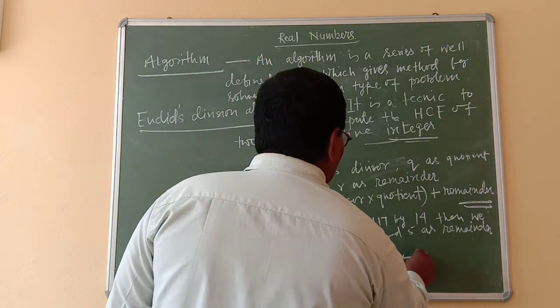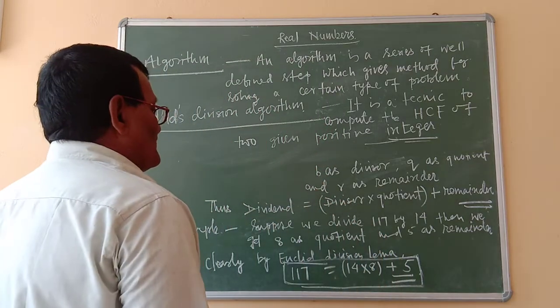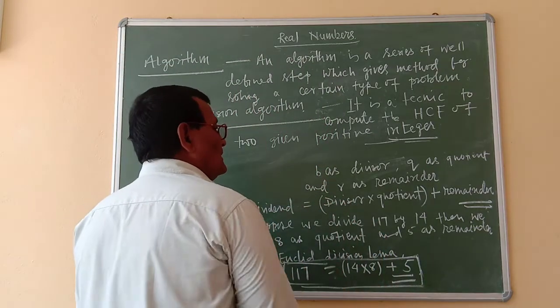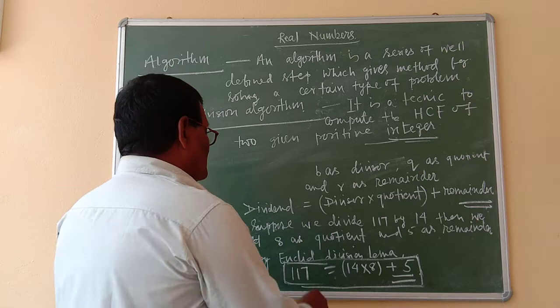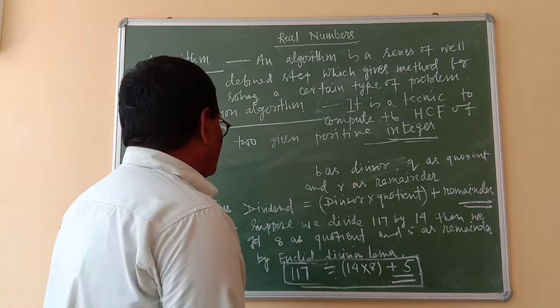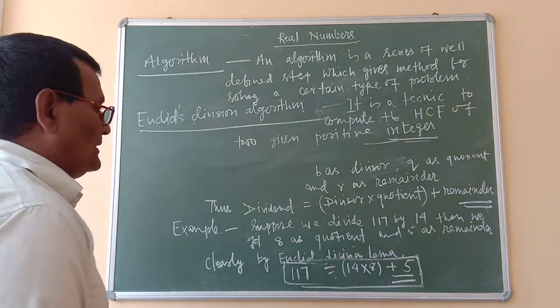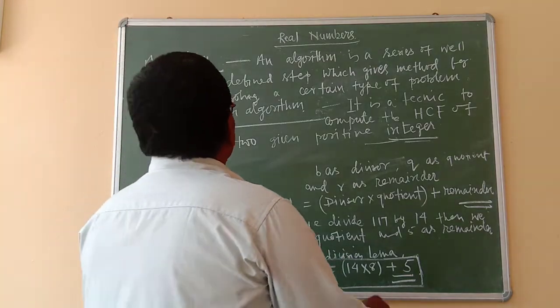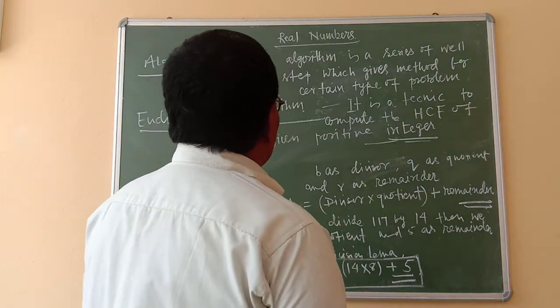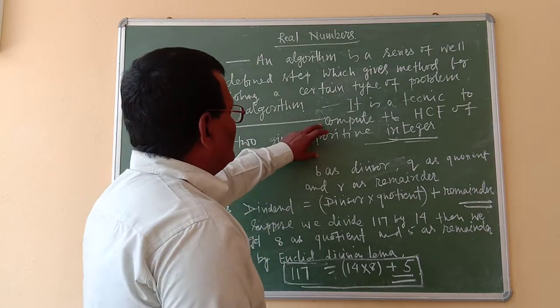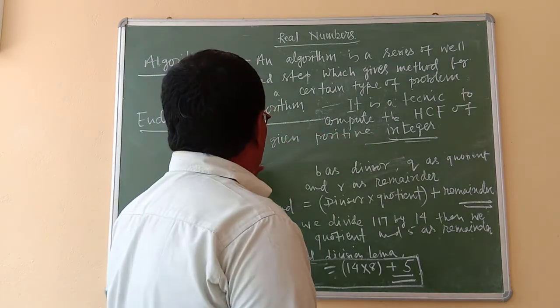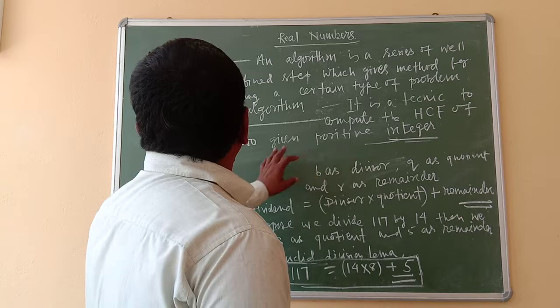It is a lemma. By this formula, we can get the HCF of two or three numbers. And Euclid's division algorithm is a technique to compute the HCF of two given positive integers.